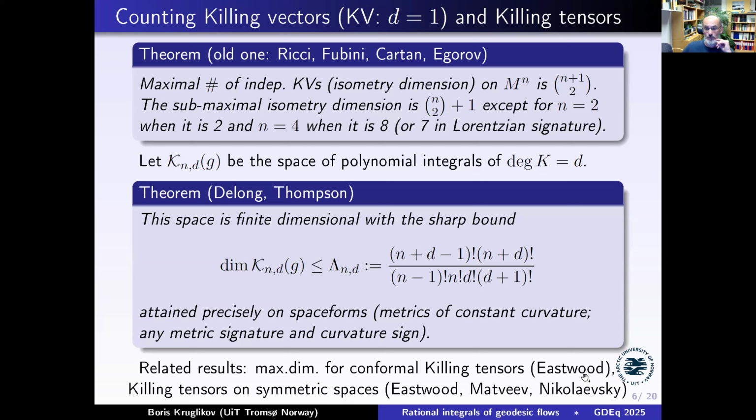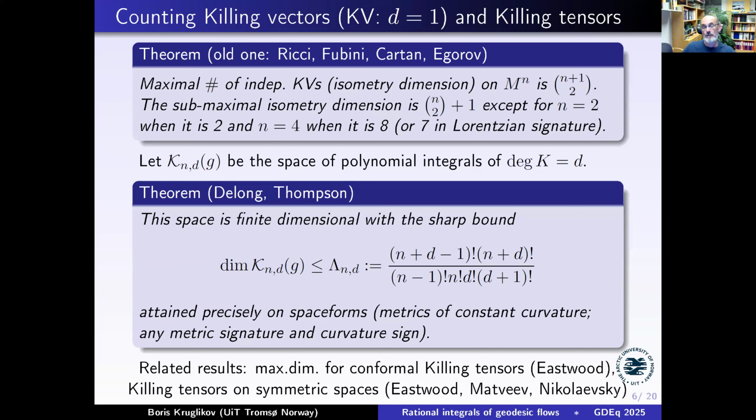For conformal Killing vectors, the maximal was known before Eastwood. Eastwood's contribution was for higher degree conformal Killings. But for conformal Killing vectors, maximal was known, and submaximal was done in my work with Doubrov some time ago.